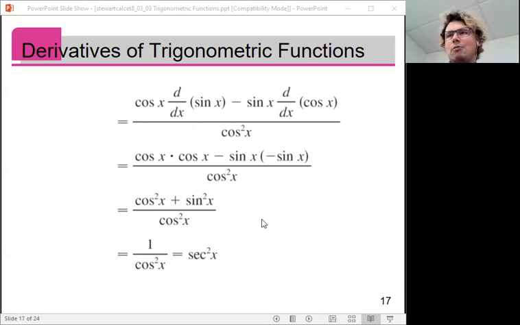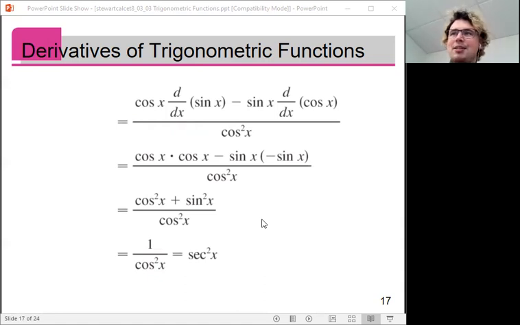Okay, well, I know the derivative of the sine function is equal to cosine. I know the derivative of the cosine function is equal to minus the sine function. Put those together and my numerator is going to be cosine squared x plus sine squared x. Oh, I know that one. That's just one. So my derivative of the tangent function is going to be 1 divided by the cosine squared of x.